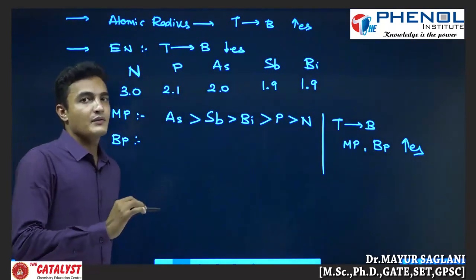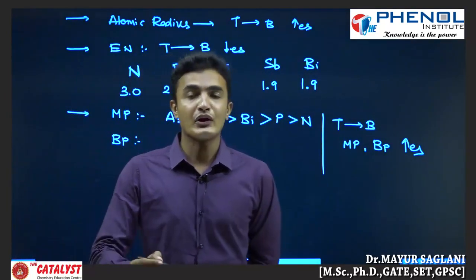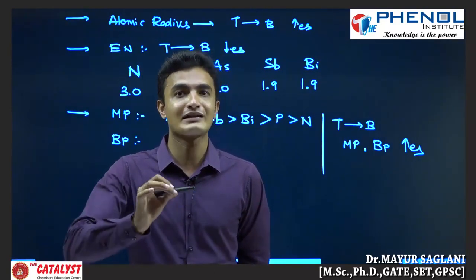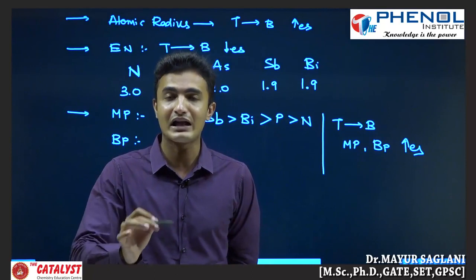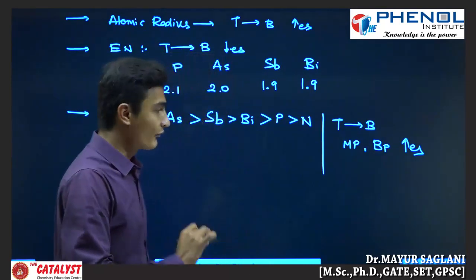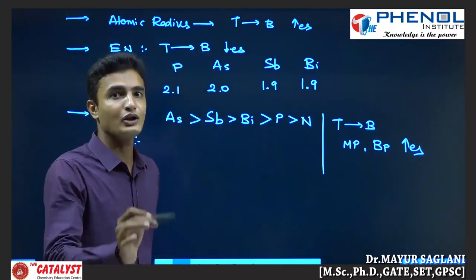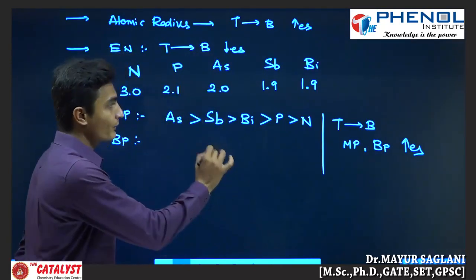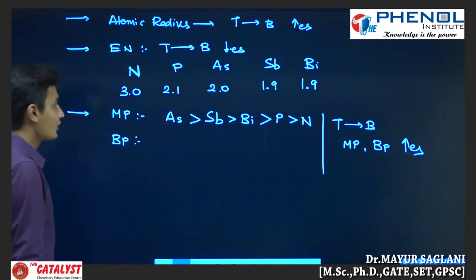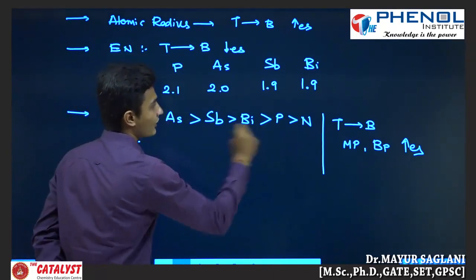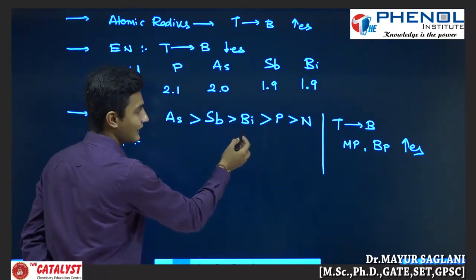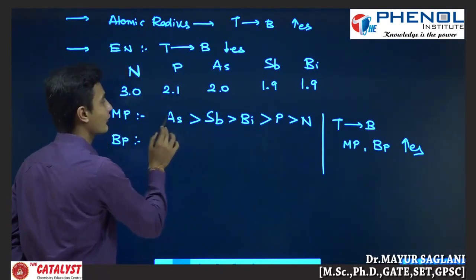Up to now we have studied that from top to bottom melting point and boiling point decrease. We have seen in the boron family, boron has the highest melting point and boiling point, likewise carbon has the highest melting point and boiling point. But from the nitrogen family, from top to bottom melting point and boiling point increase. So the maximum melting point should be of bismuth, not of arsenic.